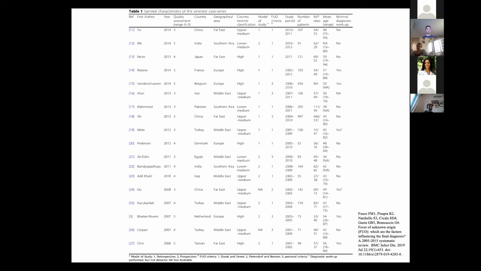It really focuses on the Middle East, Asia, and Europe. And then they varied also in terms of which definition of FUO, either the classic or the more updated definitions, that they've used to define FUO in these cohorts. But by and large, I think people used the classic definition more often.